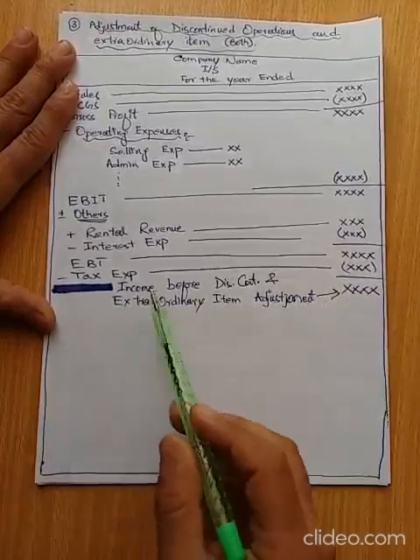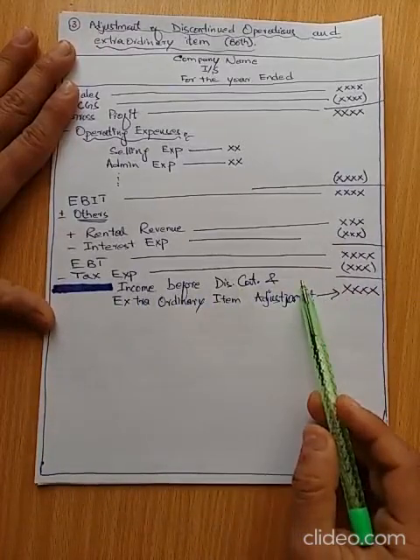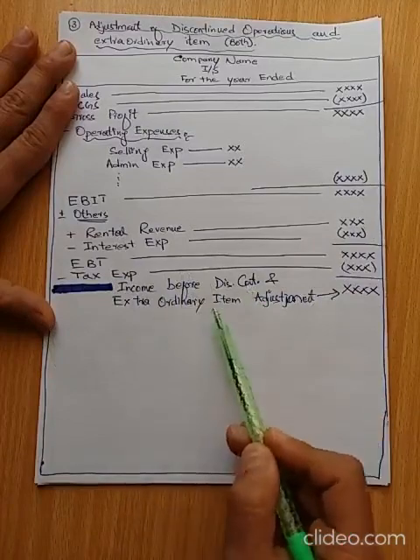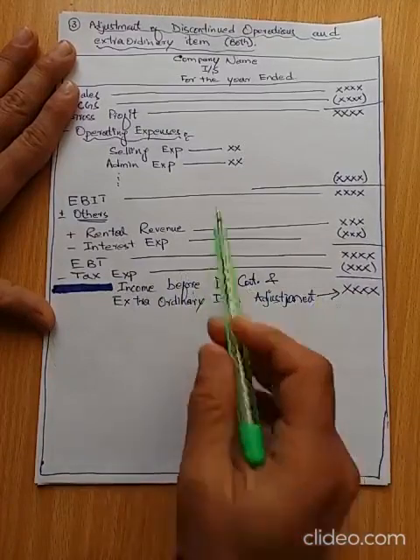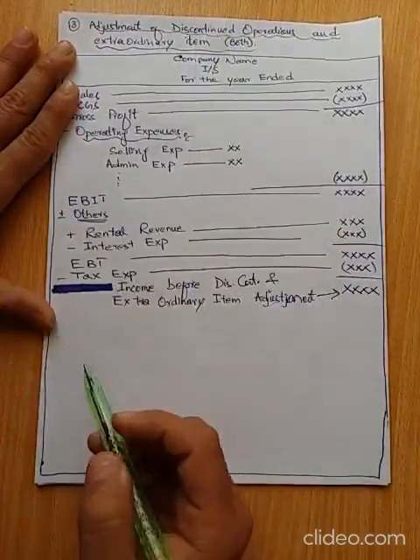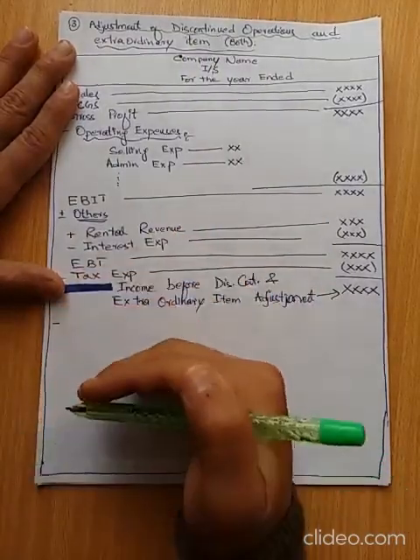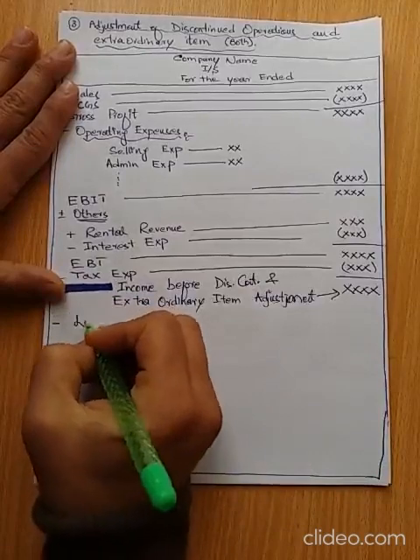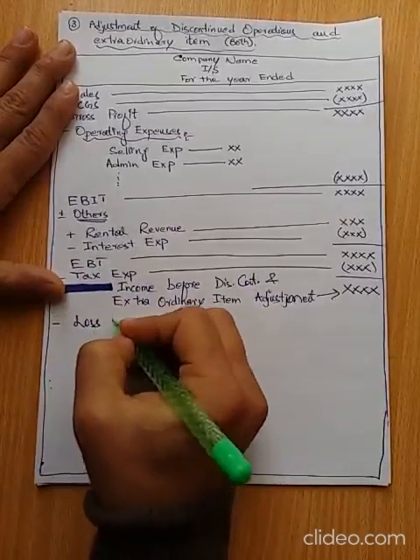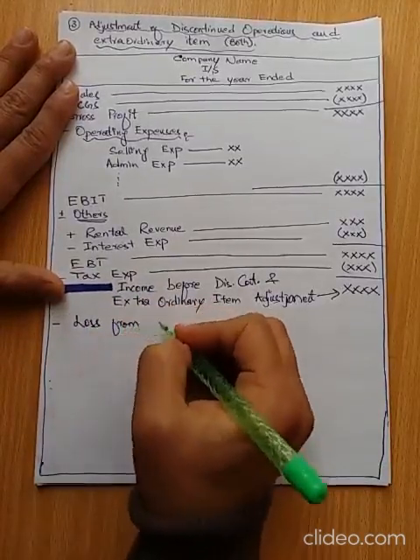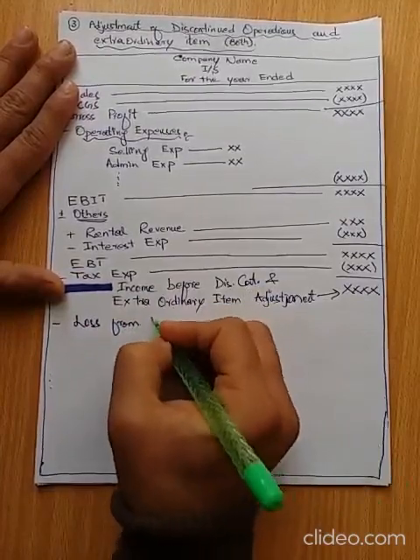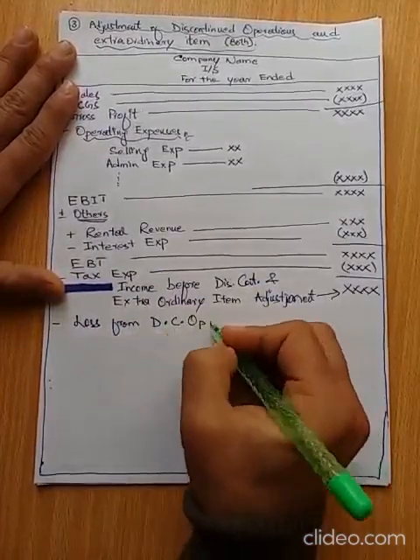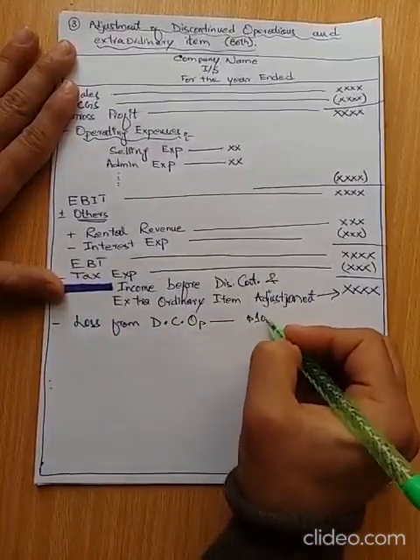Income before discontinued operation and extraordinary item adjustment, both names will be used here because both of them are in this. And then first I will adjust the discontinued, and then I will adjust the extraordinary like this. First I will write here loss from discontinued operation. I'm writing it in shortcut to save some time.